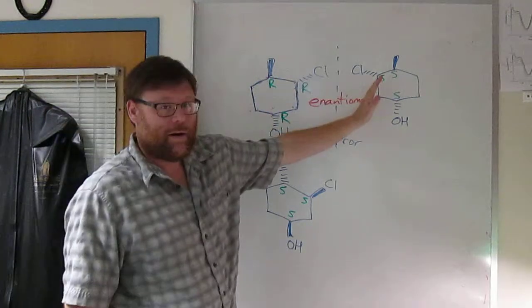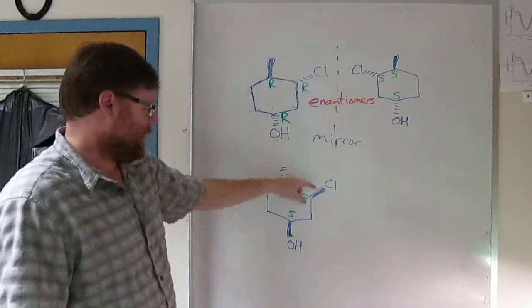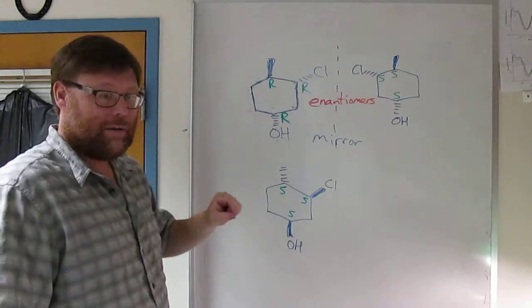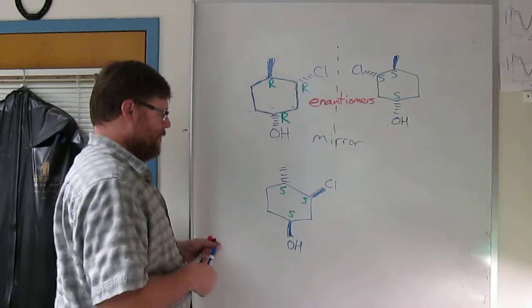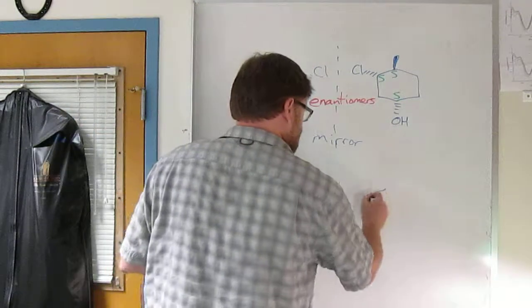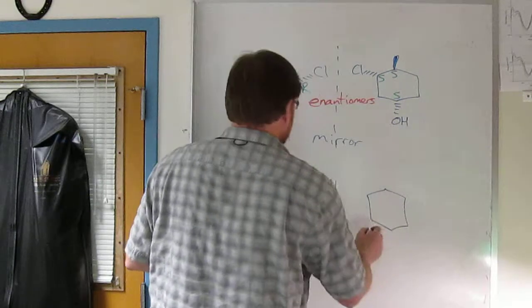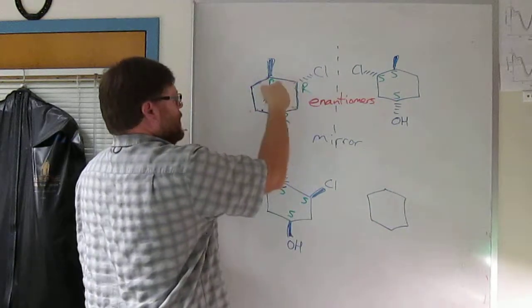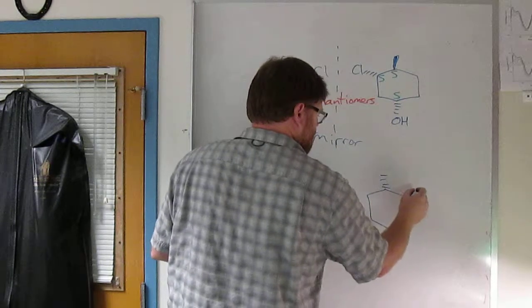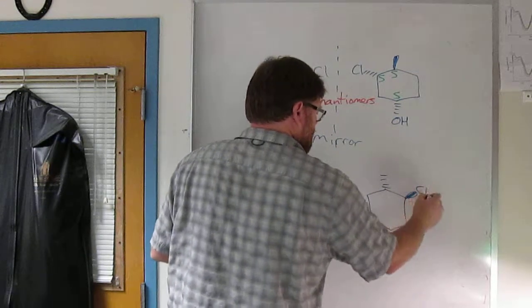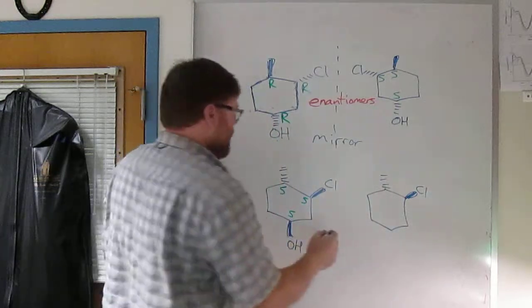You can draw a mirror image, or you can simply invert each stereocenter. You have to invert every chiral carbon. If you leave it, like what happens if you just do one? Okay, so let's invert the methyl, and let's invert the chloro, and let's leave the OH the same.